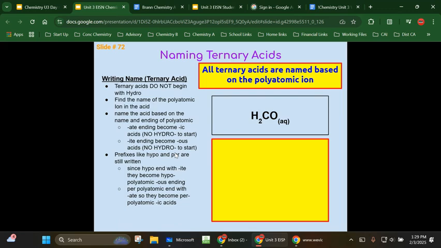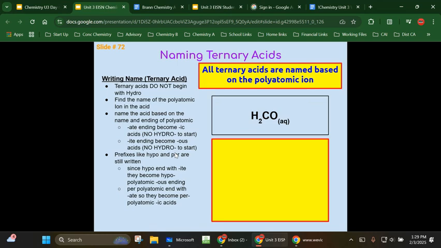H2CO. Hydrocarbonous acid. You sure? What CO? I forgot what the name of that was. Okay, so what's the name of CO3 when it loses 2 oxygens?